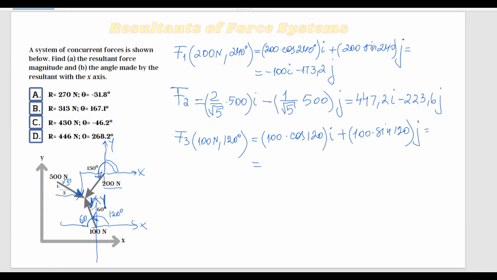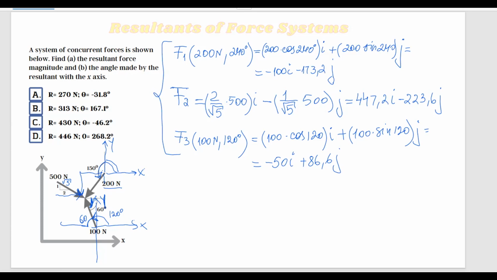I have 120 cosine, 100 multiplied. So I get minus 50 I. 120 sine, 100 multiplied, I get 86.6, plus 86.6 J. So these are the three forces in vector form.